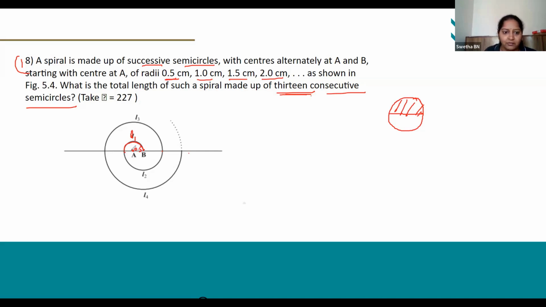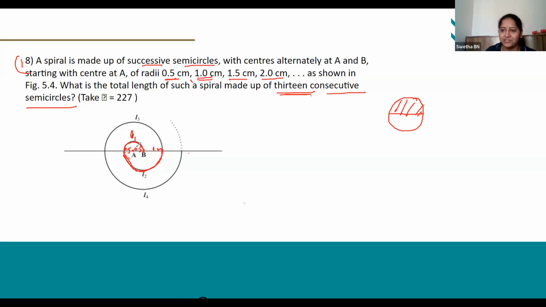Okay, now see, this is another semicircle. Which is the center for this semicircle? B is center. And what is radius here? See, they have given it is 1. 1 is nothing but this is 0.5 and this is 0.5. So it is 1 centimeter.